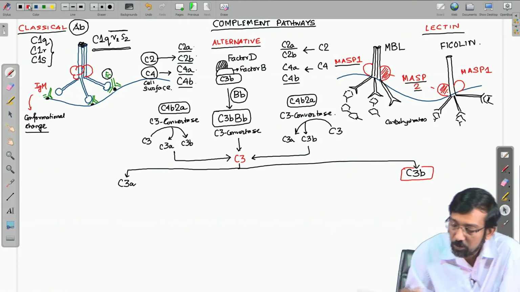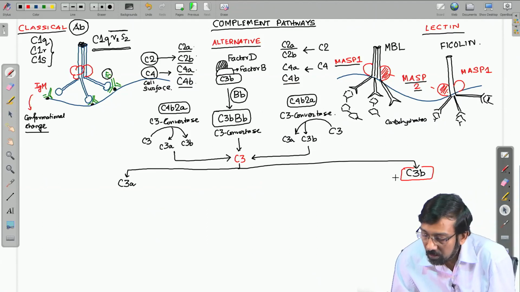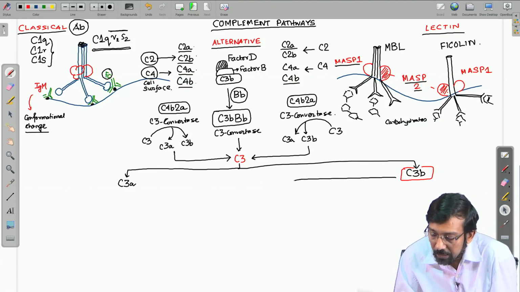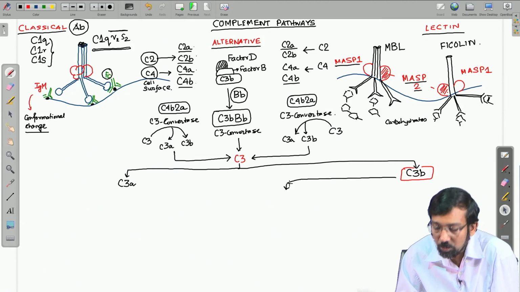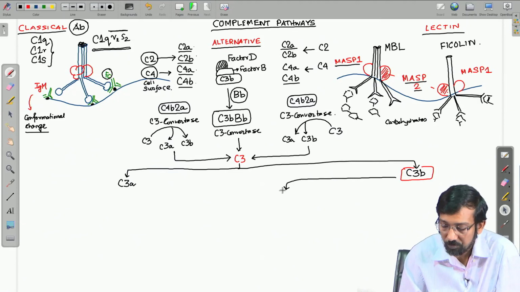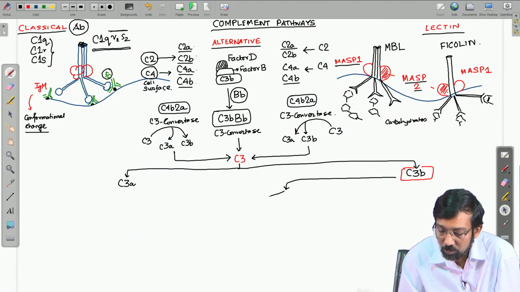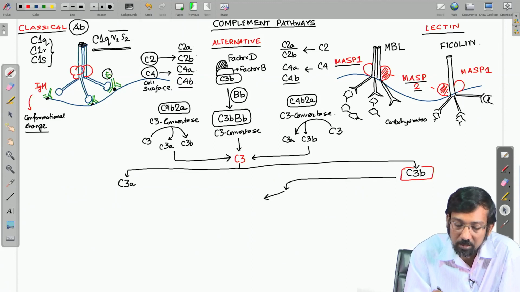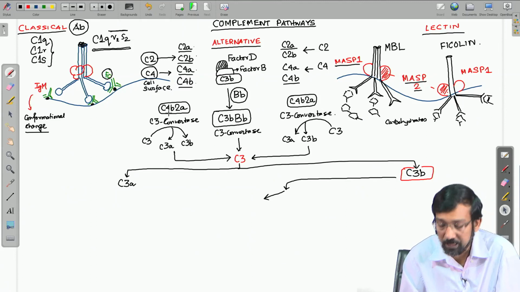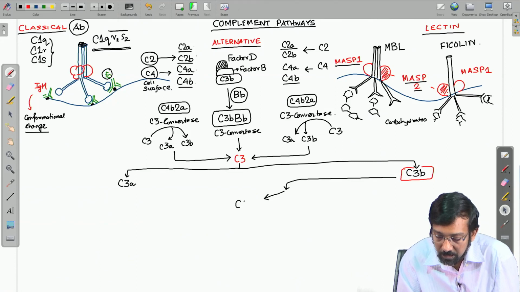One, it can further associate with this 4b2a intermediate and form C4b2a3b.